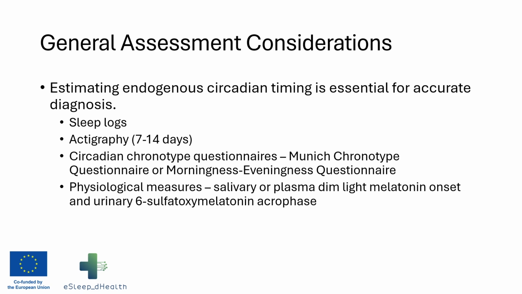They measure circadian preference, so whether you're a night owl or a morning lark. And also physiological measures can be used, such as salivary or plasma dim light melatonin onset, and also urinary measures of acrophase are possible as well.